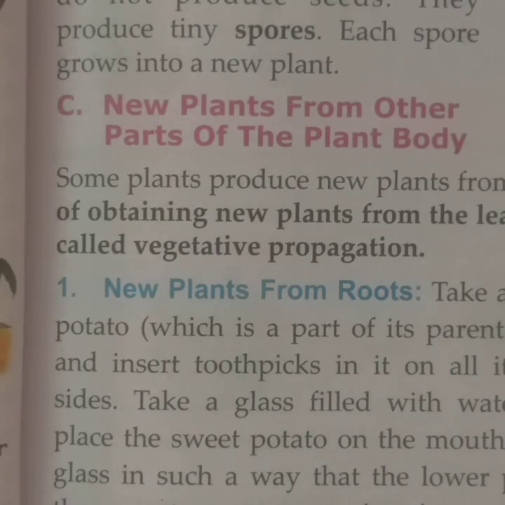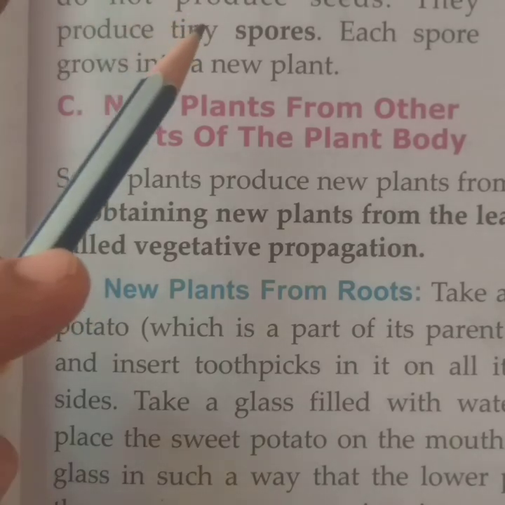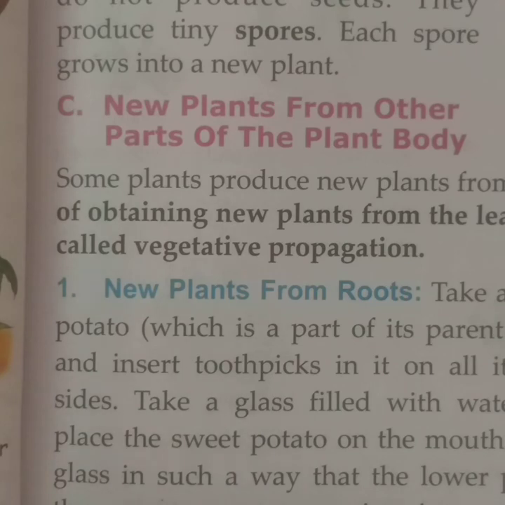But if the plant does not bear flowers, then how does the new plant reproduce? One technique we have seen: fern and mosses do not possess any kind of fruits or flowers, but with the help of spores they can still reproduce new plants.